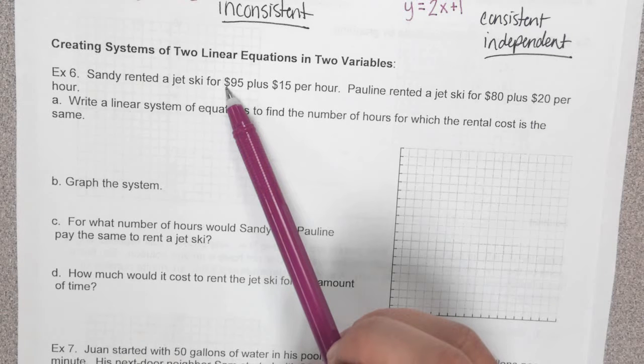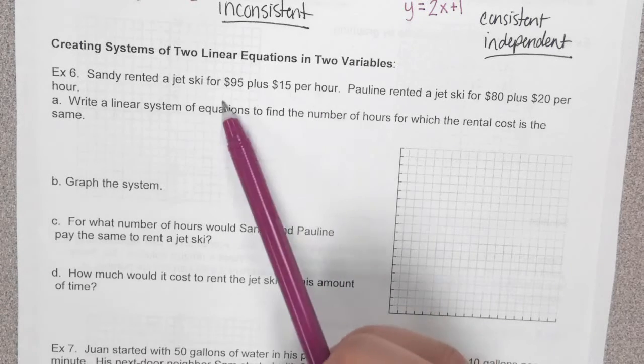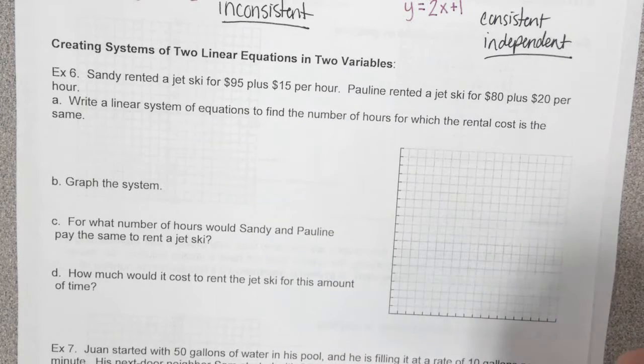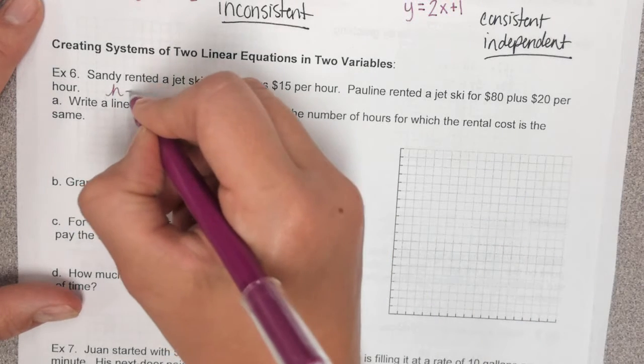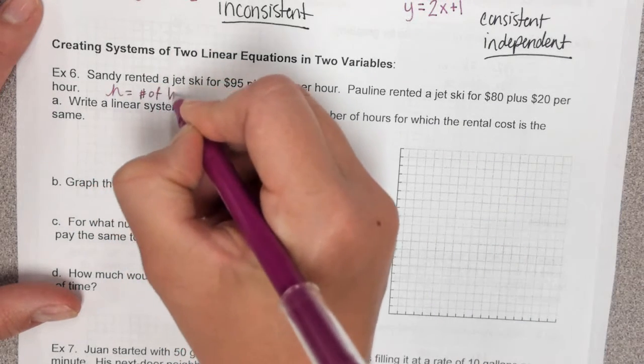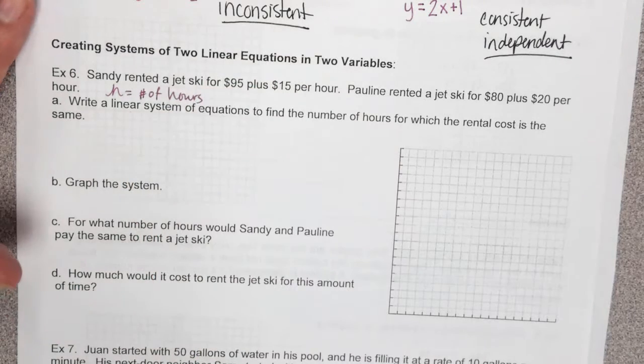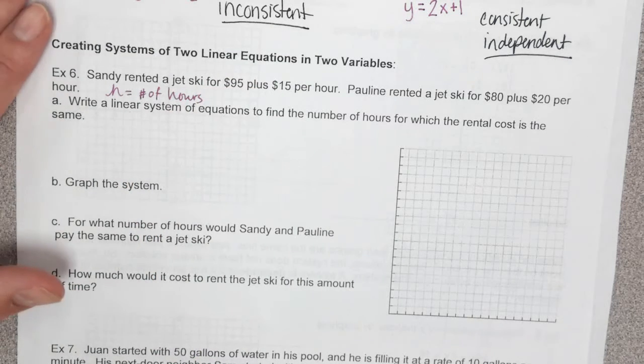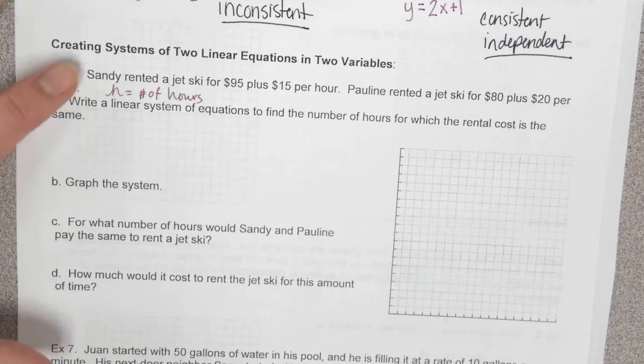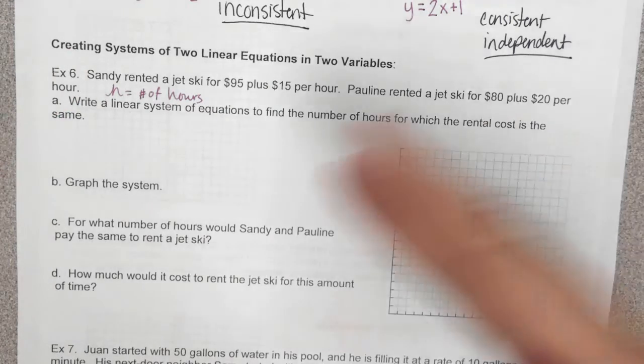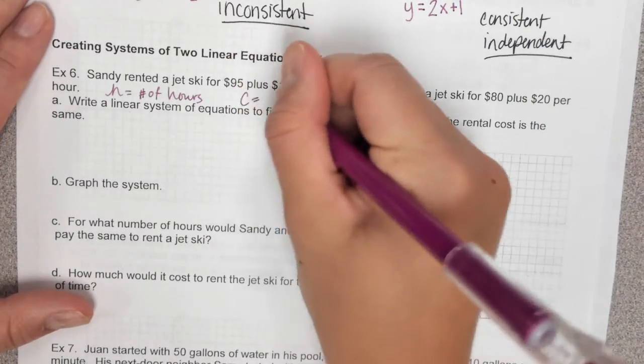There's one variable. Where's the other one? Per hour. So we have cost and we have hours. Which one is acting like the x? The hours or the cost? The hours. Okay? So we're going to say h is going to equal the number of hours. We could use x if we wanted to, but typically in an application problem, we just use a letter that matches, and then we can have c for cost.